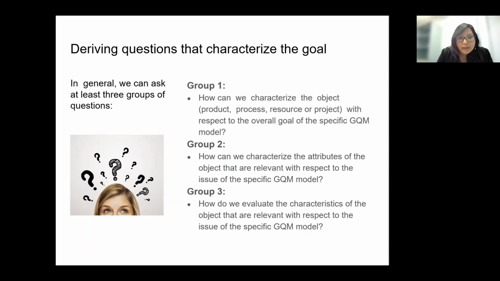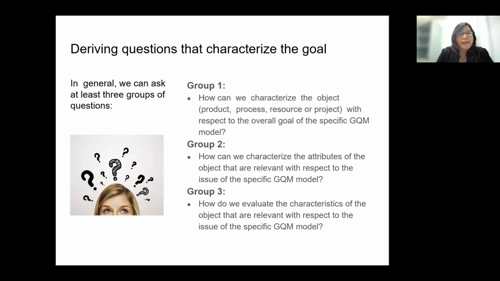And the last part, group 3, is about how we evaluate the characteristics or attributes of the object that are relevant with respect to the measurement goal that we defined.